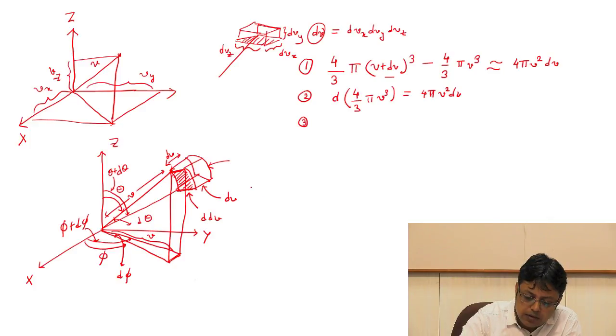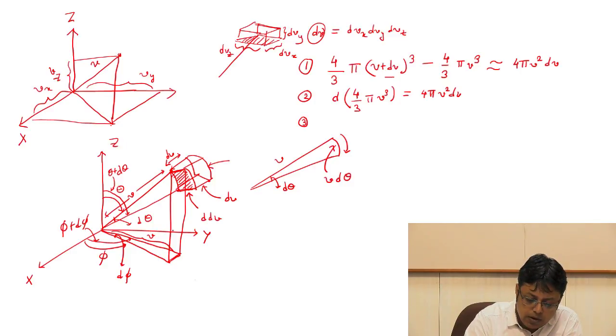Let me just write it once again. This is v, and this theta I'm sweeping by d theta. So if this is v and this is d theta, then this will be v times d theta.